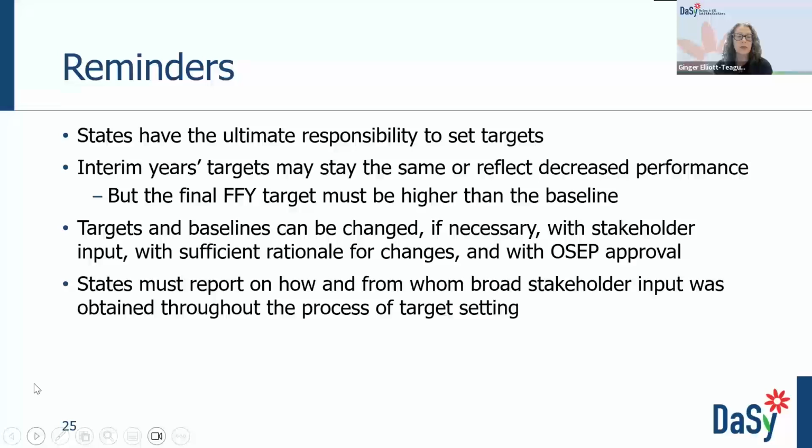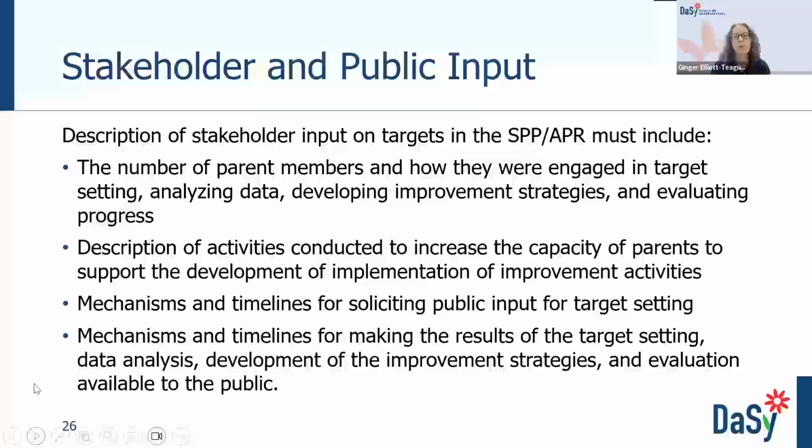And then, as I mentioned, states do have to report on how and from whom input was obtained throughout the process of target setting. And so on the next slide, we have a few notes on that to just give a brief introduction to what is necessary. So the description of your stakeholder input will usually be entered into the introduction of the SPP APR in your general supervision overview.